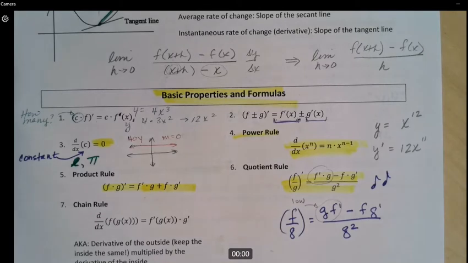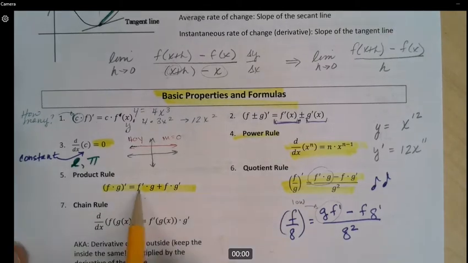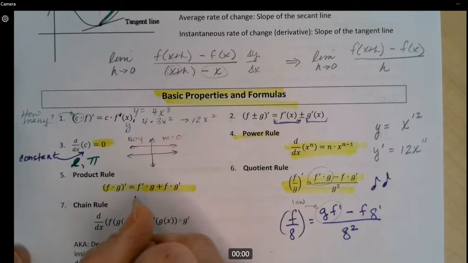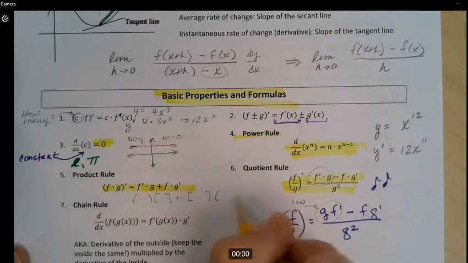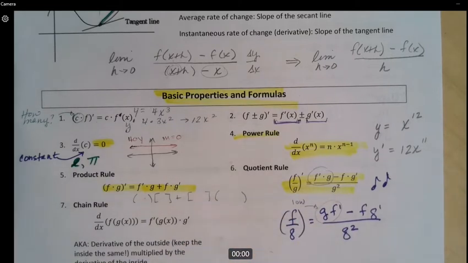And as long as that's not confusing for you, when you do your first term times the derivative of your second plus your second term times the derivative of your first, as long as you remember each term gets their shot of having a derivative times, it's the derivative of one times the other.